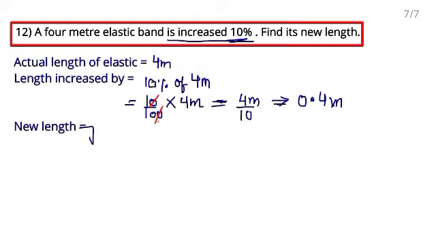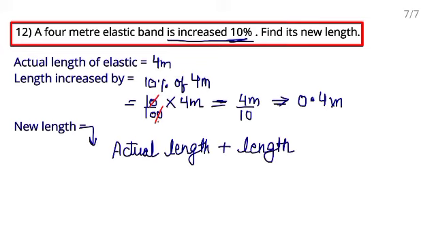New length will be equal to actual length plus length increased. Right? Actual length was 4 meter plus length increase हो गई है 0.4 meter.